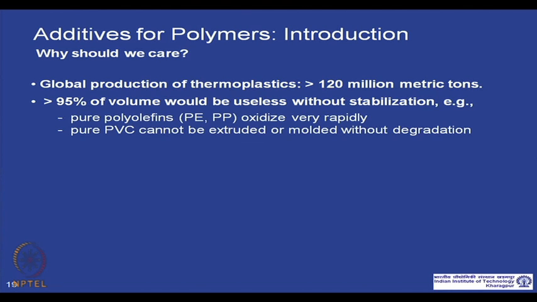For example, pure polyolefins like polyethylenes and polypropylenes oxidize very rapidly. So, basically drying them is very difficult unless they are stabilized by adding external additives. Pure PVC cannot be extruded and molded at its processing temperature without degradation.